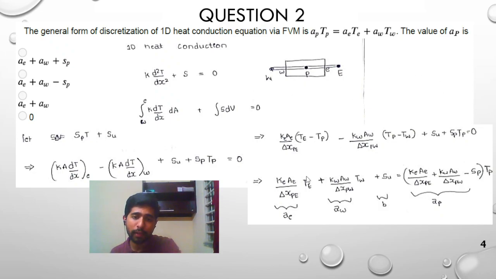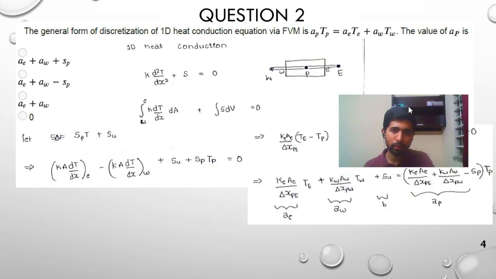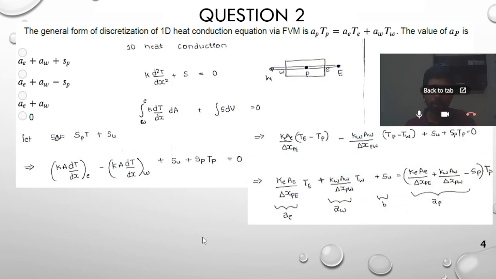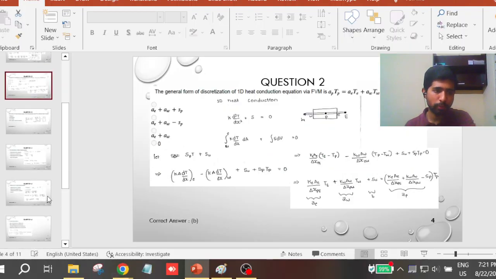Here you have TE separated, and you have K A by delta x. Again, A is removed, as A is common everywhere, so usually if the area is common, it is K by delta x. K is nothing but the diffusion, generally called the diffusion coefficient. So it is K divided by delta x, it is not K into delta x. Maybe there was some printing mistake, but I think it should be divided by delta x.